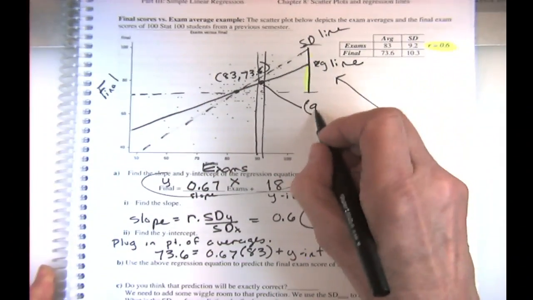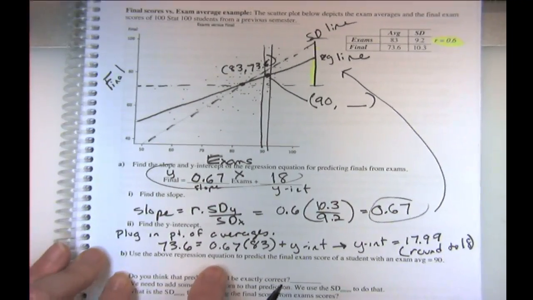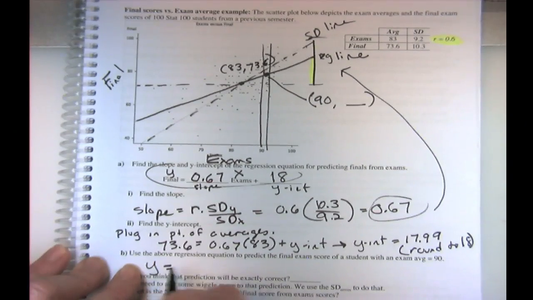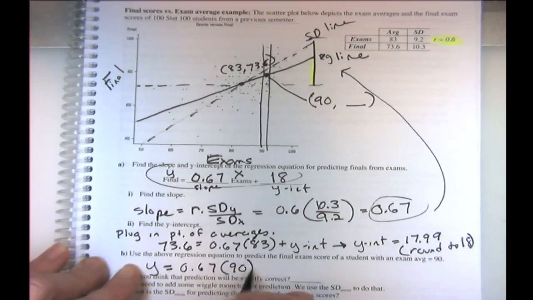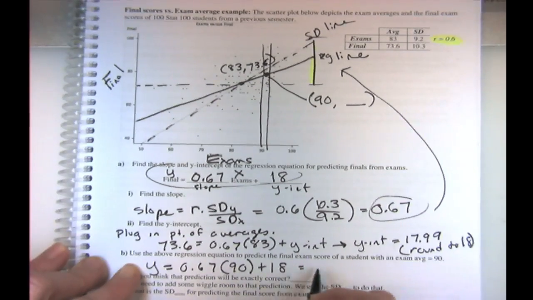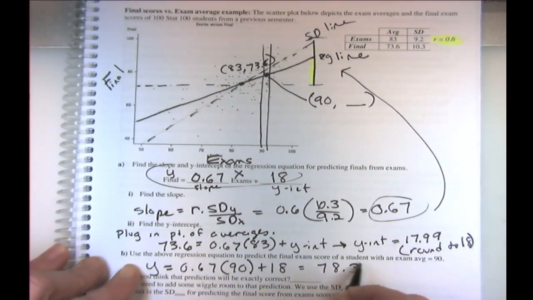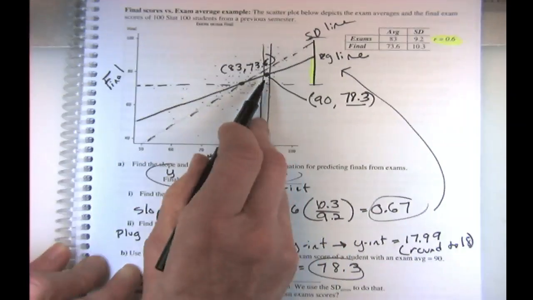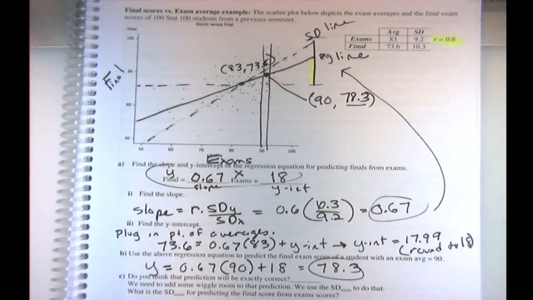We're saying for 90, what do we have there? We'll use this equation, and we'll say y, our final, is equal to 0.67 times 90 plus 18. And when I did that, I got 78.3. So that looks about right. Okay? Does that make sense?